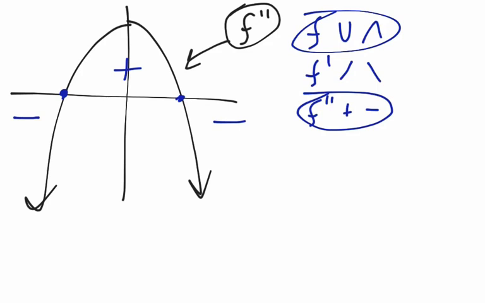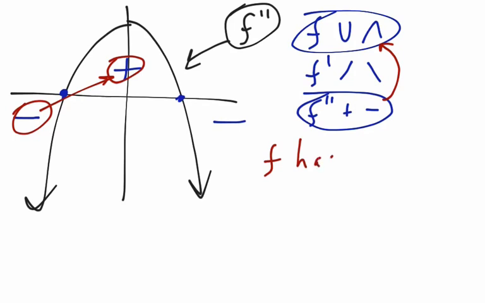And so we could do, oh yeah, there's a switch, right? F prime is changing from negative to positive, so we can say that relationship meant a point of inflection on f. So we can write that. F has, and actually there's two of them, because f prime also changes from positive to negative here, and that's also going to be a point of inflection because we're going back and forth between these two.